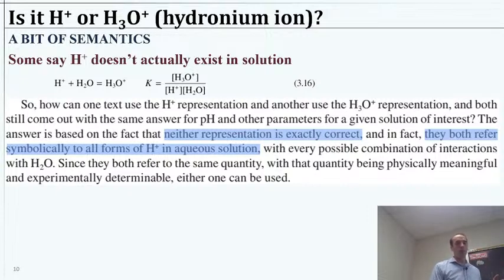We have this reaction that I mentioned, and if we do the equilibrium on that, we have the hydronium on top and the H plus on the bottom and the water on the bottom as well. It could potentially get a little confusing. So how can one textbook say it this way and the other way, and everybody still comes out with the same answer, right? Well, the truth is neither is exactly correct.